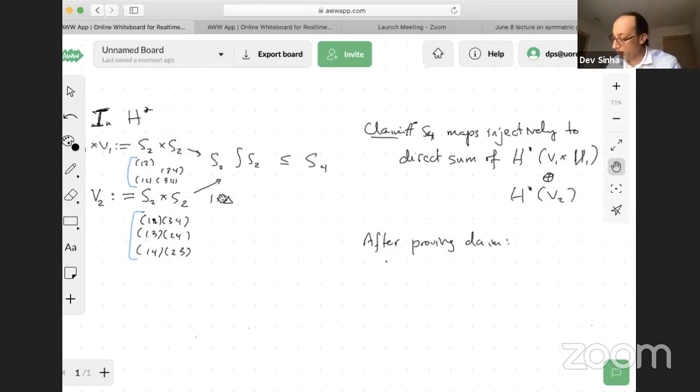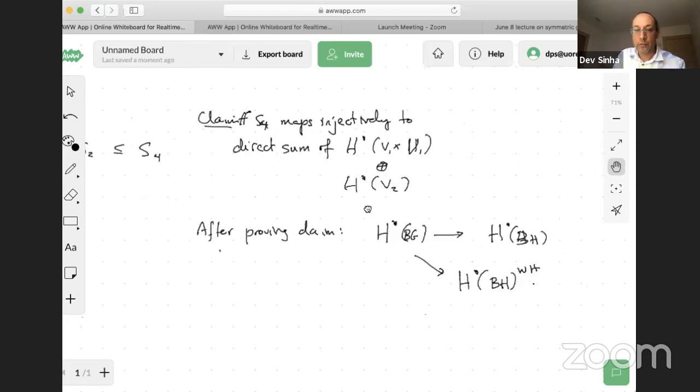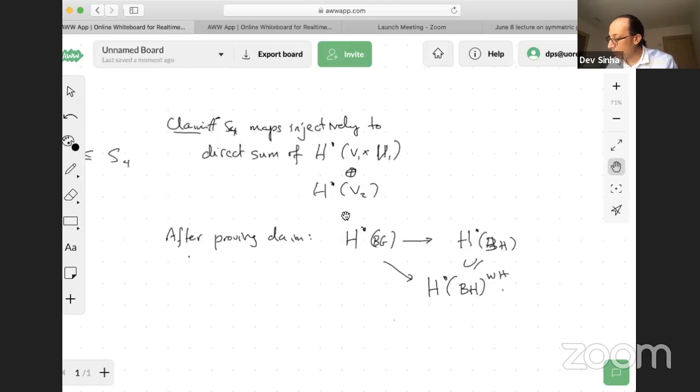Well, let's remember that we showed that the cohomology of G maps not just to the cohomology of any subgroup, but it happens to map to what's called the Weyl invariants, where WH is the normalizer of H mod H. I proved this using the quote-unquote particle model for BG a few lectures ago.